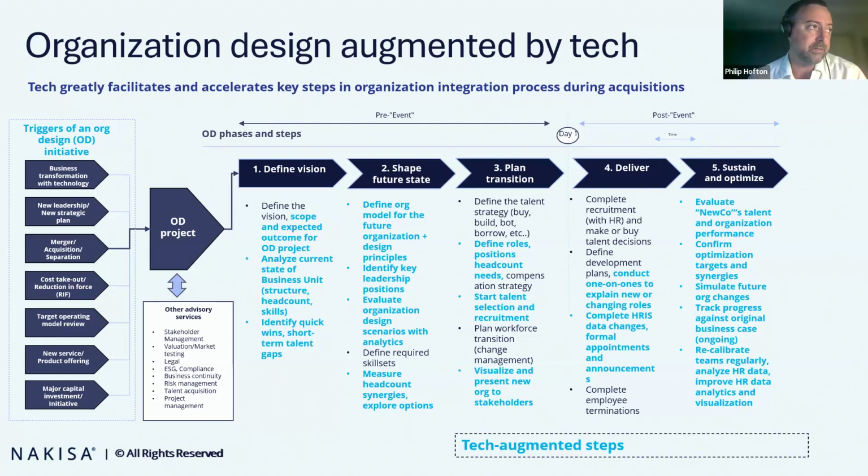We know there are business events on the left side of this particular chart that trigger an OD project. It could be anything from a reorganization at the leadership level, because no leader is going to come in and say, hey, the structure is perfect, let's leave it as is. They're always going to insist on a bit of a rejigging of how talent is distributed in the organization.